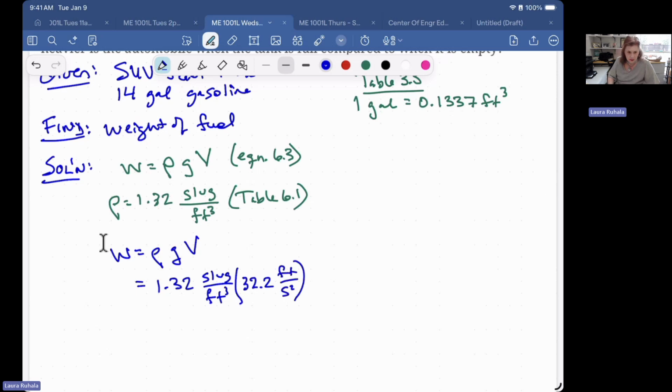And volume is 14 gallons. And of course, we have to convert that, where 1 gallon is 0.1337 cubic feet.